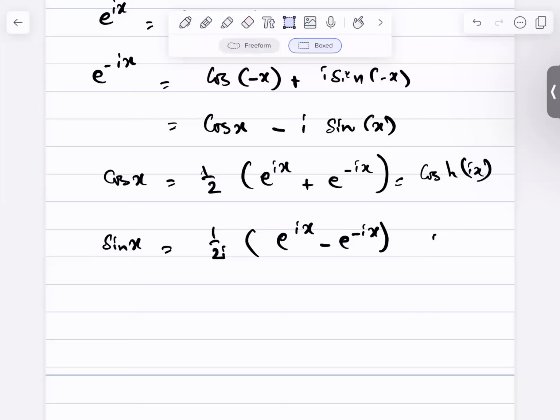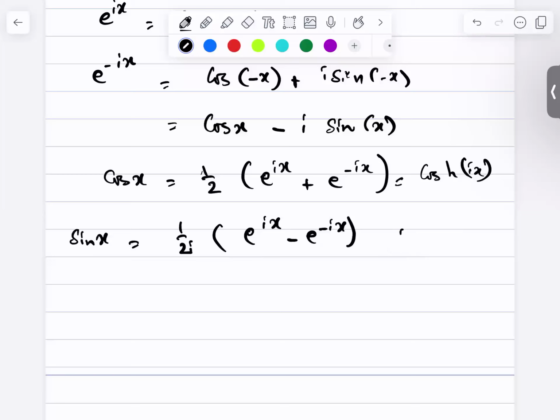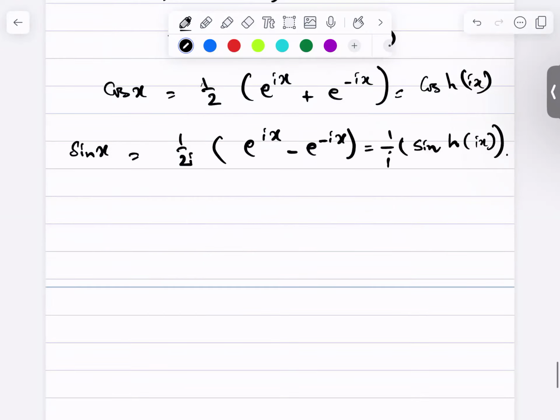So let me just try to simplify things. Okay, so this is just 1 over i sine hyperbolic ix.